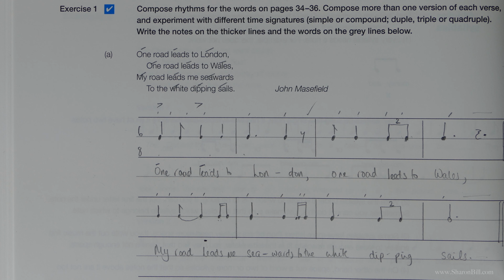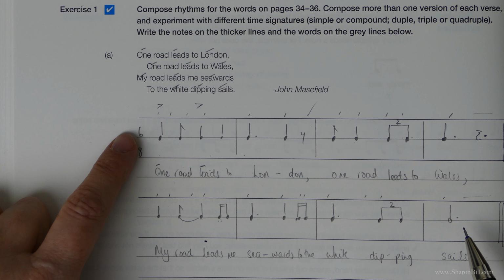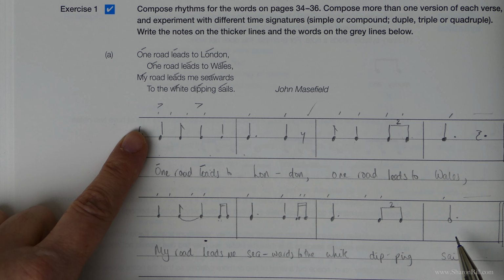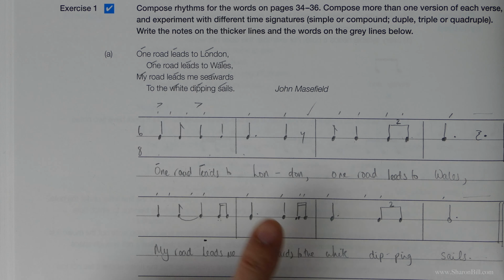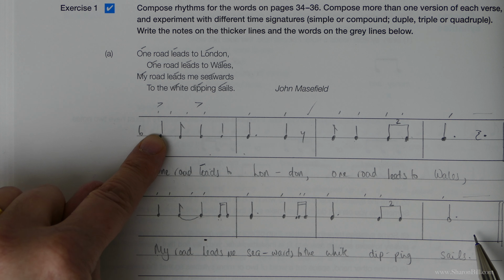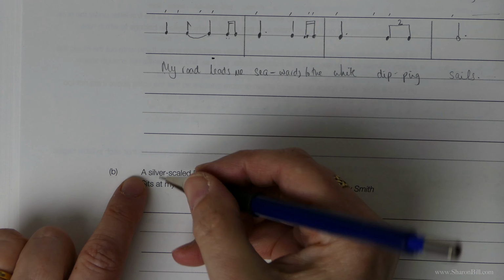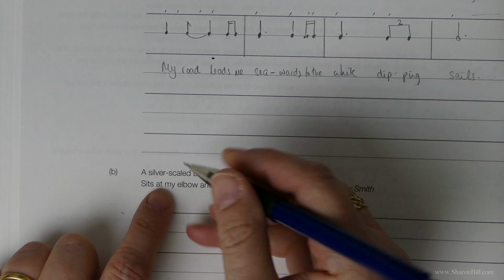If you got an anacrusis, you would have to balance each phrase to match the anacrusis, just the same as you would in the 4-bar answering rhythms. And don't forget that your last bar would need to add up with whatever the anacrusis was. So for example, this next one, a silver scale dragon.